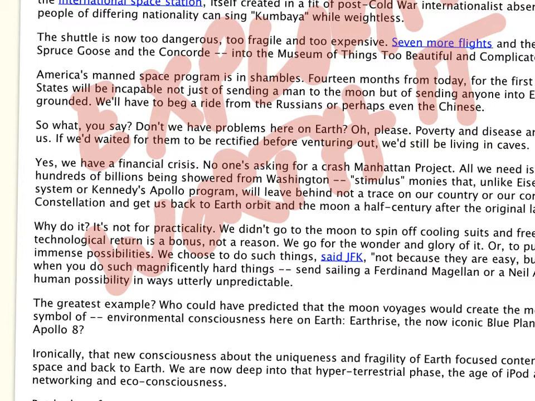And he spends most of the article trying to back up these assumptions.